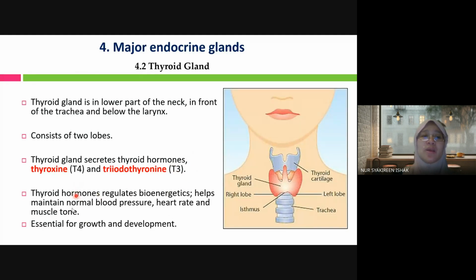Thyroid hormones regulate bioenergetics, metabolism. They help maintain blood glucose, normal blood pressure, heart rate, and also muscle tone, and are essential for growth and development. So these are the functions of the hormones secreted by the thyroid.